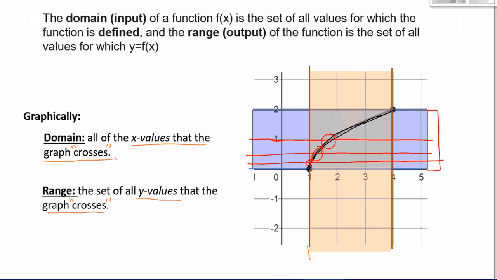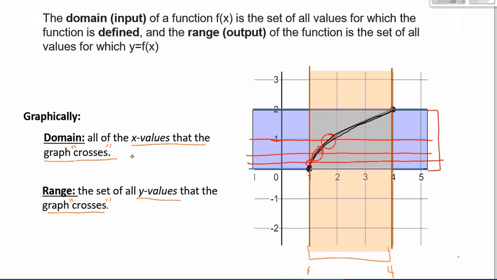So for the domain right here, everything in between 1 and 4, anything like 1.5, 2, 3, all of those will have lines that when I draw them vertically, I end up crossing it. And then the same thing with the range. It crosses if you can draw a line at that value.